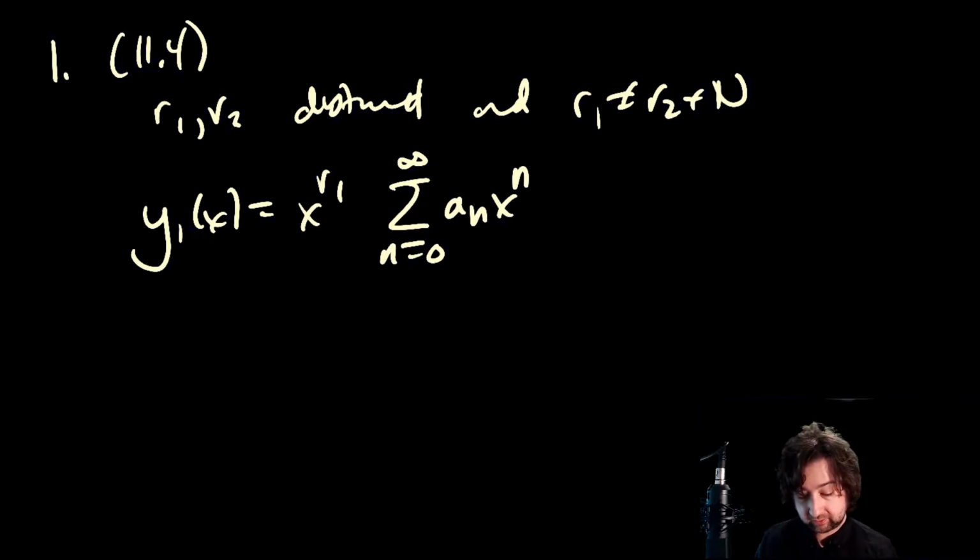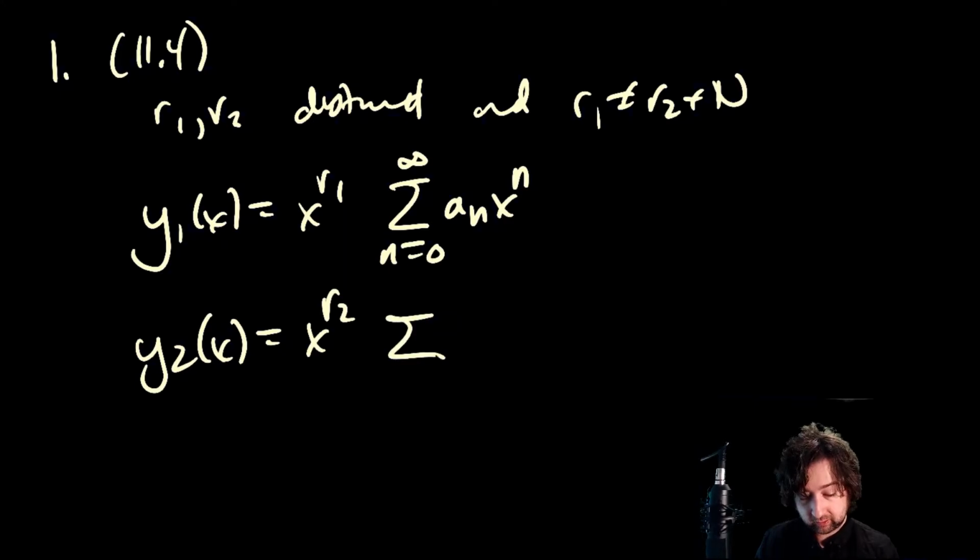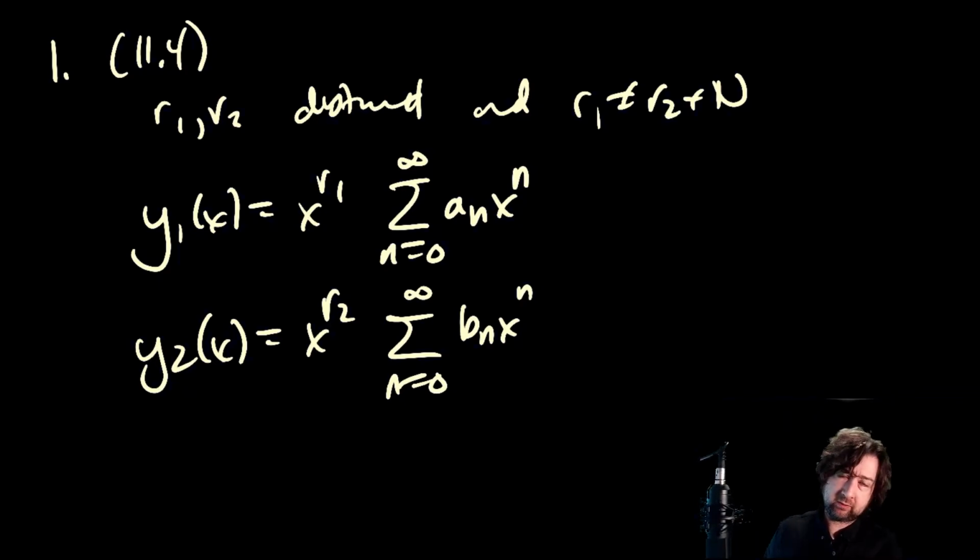And y2 of x has exactly the same form, but with different coefficients. And I'll remind you here that the way we did this was we developed a recursion, and then we plugged the r value into the recursion to get two different recursions. So we didn't start by plugging in r to the equation. We started with a general recursion formula and then plugged the r values in, which makes the algebra much easier to do because you're not replicating work.